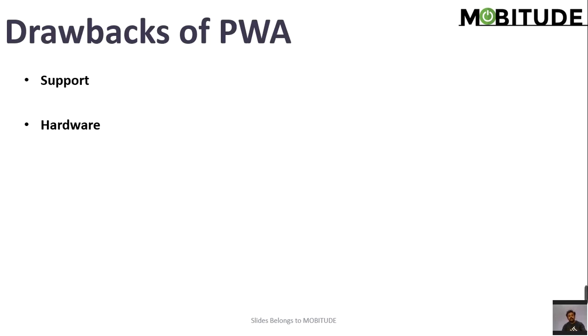So here you learnt about cross platform applications and progressive web applications. These two types of applications are ruling almost 75% of the mobile industry.